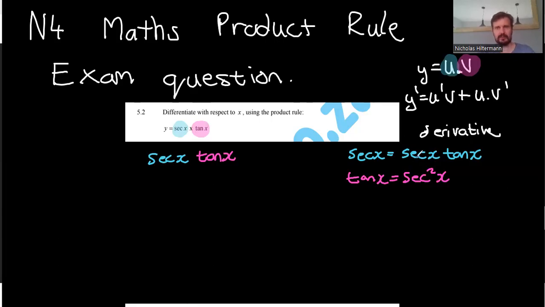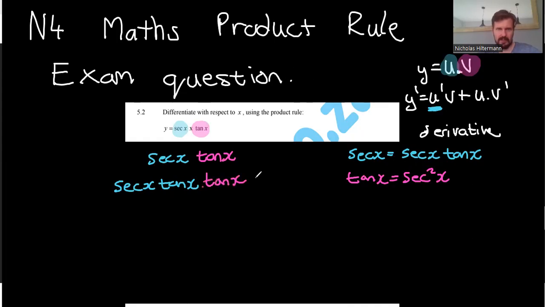Okay, so the derivative of sec x is sec x tan x. That's the u dash. Now the v is just left alone, so that's just tan x.